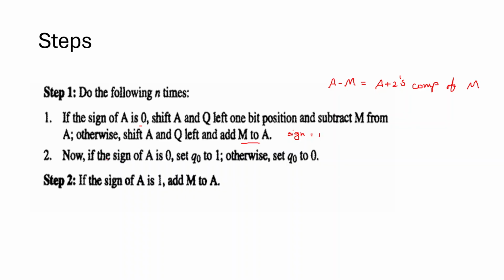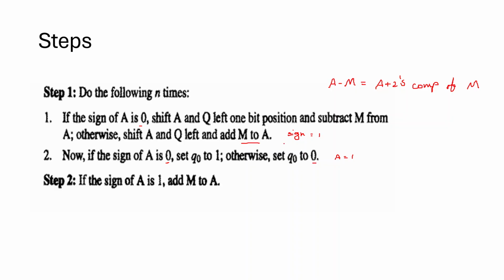Then after that you need to set the Q0 bit, that is the LSB of register Q. If the sign bit of A is 0, you need to set Q0 as 1. If the sign bit of A is 1, you need to set Q0 as 0. You need to continue this till all the cycles have been completed.